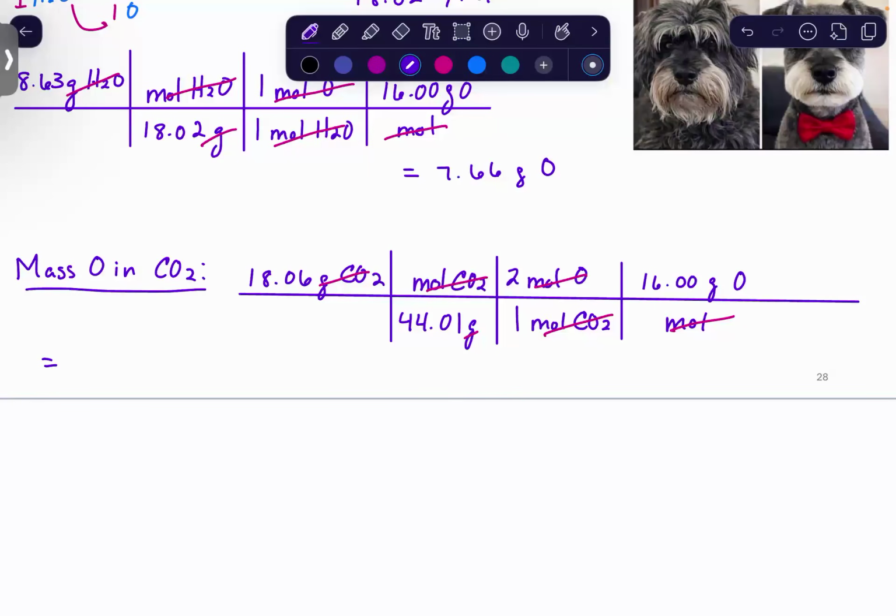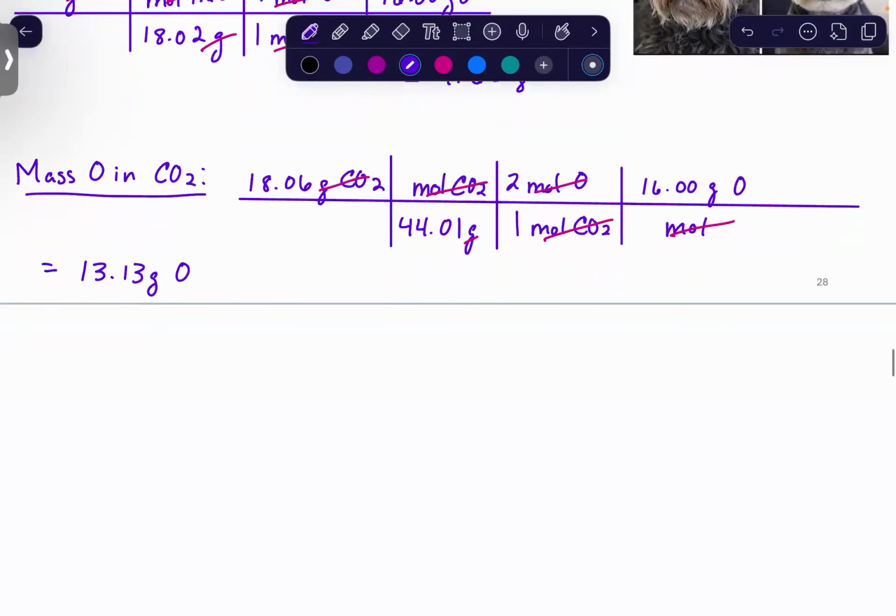When I calculate this, it's going to give me 13.13 grams of oxygen. So from my products, I need my total oxygen. That's going to be 7.66 grams from my water, plus 13.13 grams from CO2, which is going to give me 20.79 grams of oxygen in my products.